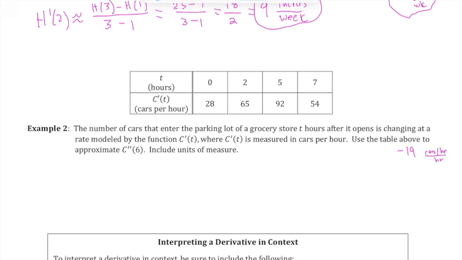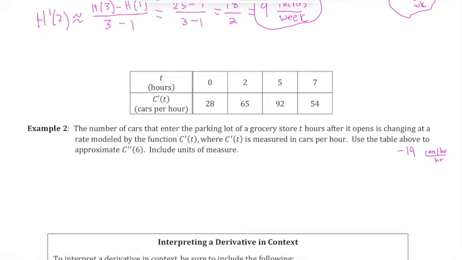After 5 hours, the parking lot is changing by 92 cars per hour. So obviously it's getting more busy, right? And then after 7 hours after opening, the parking lot is changing at 54 cars per hour. So it's slightly decreasing.